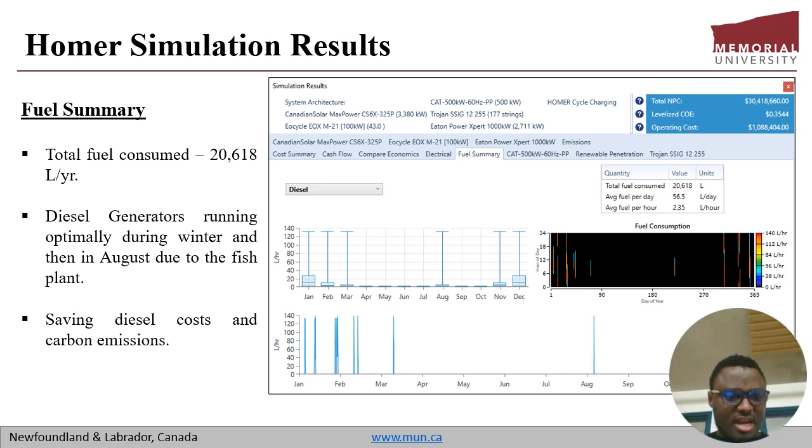And then lastly, saving diesel costs and carbon emissions. That cannot be overemphasized because one of the reasons we do this is to promote green energy, which is renewable energy, and this particular design is going to help us achieve that and cut down a whole lot of emissions coming from the generators.